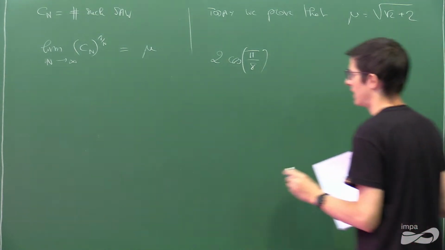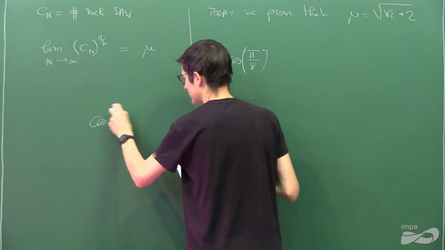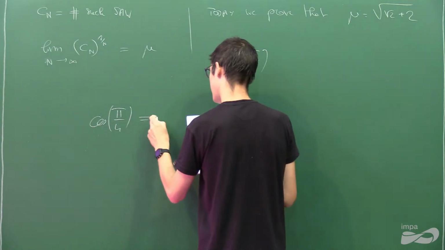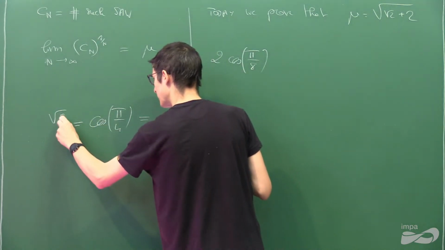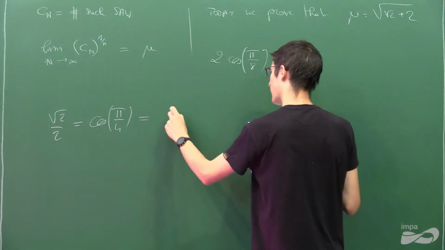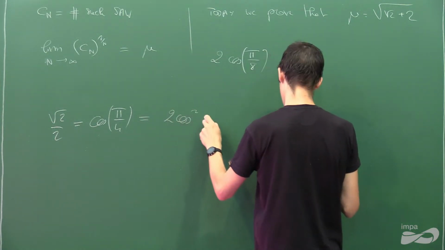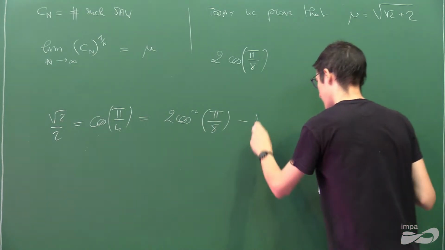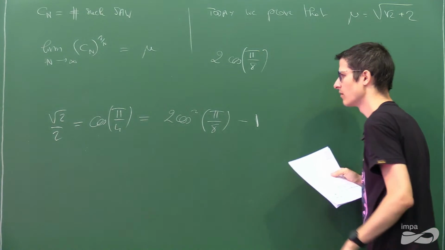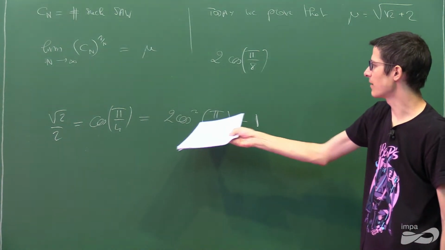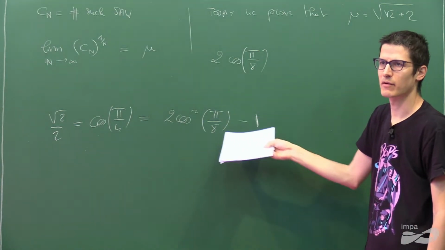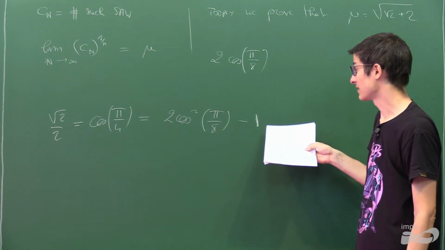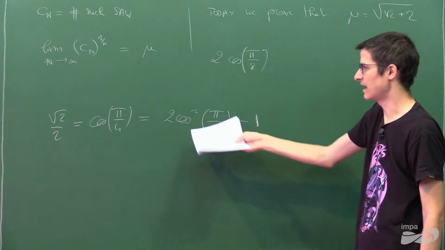Well, if you look at cos pi over 4, this is equal to square root of 2 over 2, but this is also equal to 2 cos squared pi over 8 minus 1. Okay, I mean, it's equal to cos squared minus sine squared of pi over 8, but we can always subtract cos squared and add cos squared.